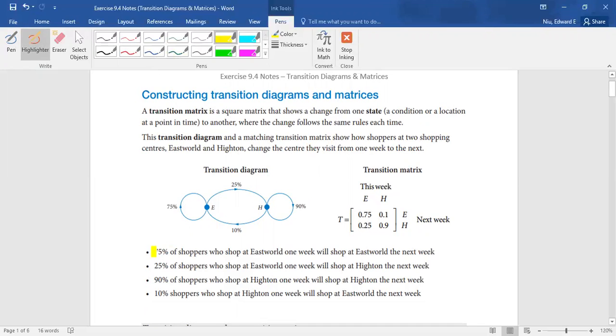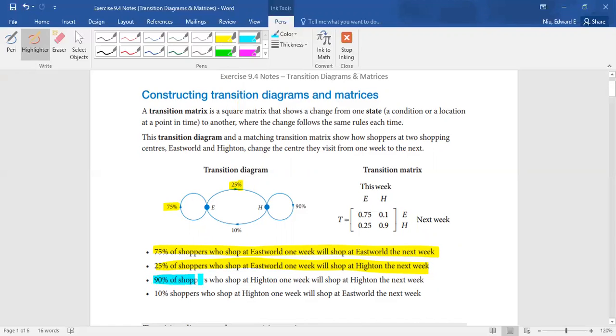So 75% of shoppers who shop at Eastworld once a week will shop back at Eastworld the next week, which is what we just talked about, and that corresponds to that 75% there. We've got 25% of the shoppers who shopped at Eastworld one week, they're going to Highton the next week.